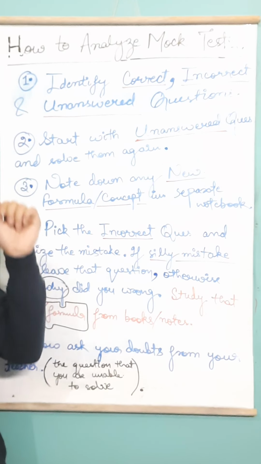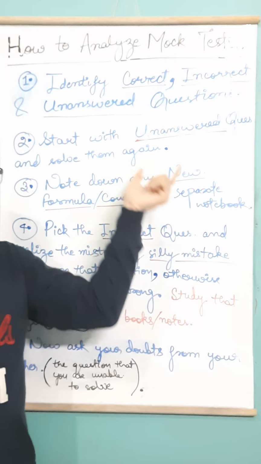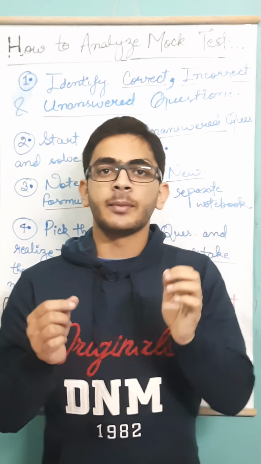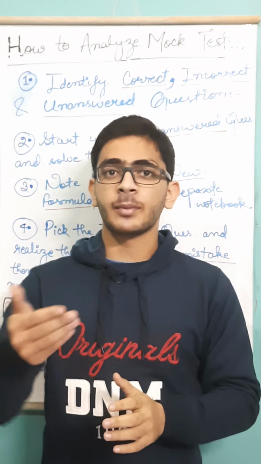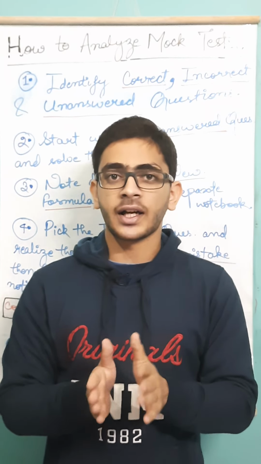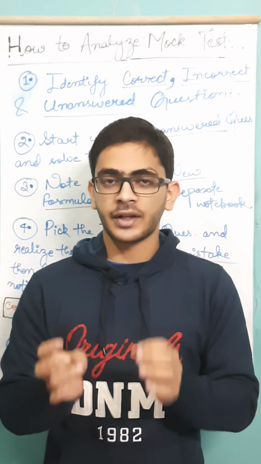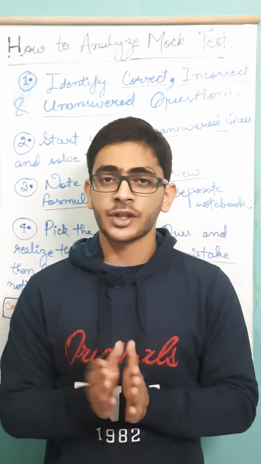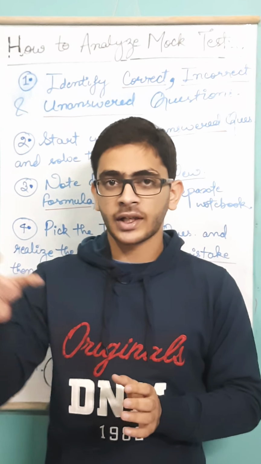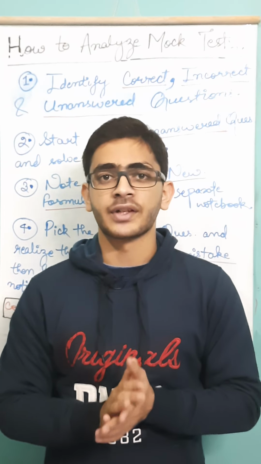You can simply note the questions which are correct, incorrect and unanswered. After noting them down, point number two is start with the unanswered questions and solve them again, right? See, in most cases, there are only two reasons why we are unable to answer a particular question. First, we have very little time. Due to time constraint, we are unable to answer the question, though we know the concept and the steps to solve it.